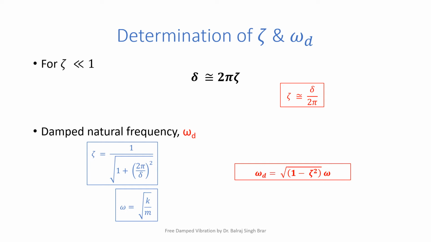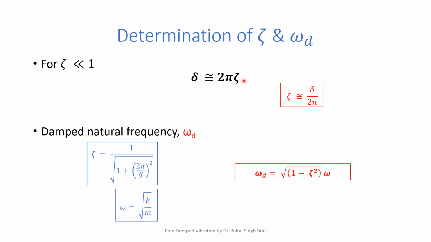Next is continuing with the determination of damping ratio zeta and damped natural frequency omega d. For values of zeta very less than 1, we have already derived the relation delta is approximately equal to 2 pi zeta.